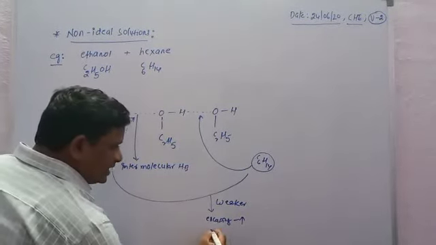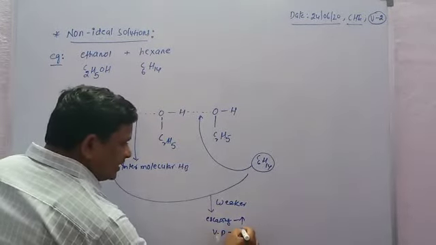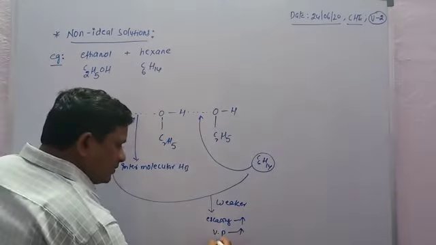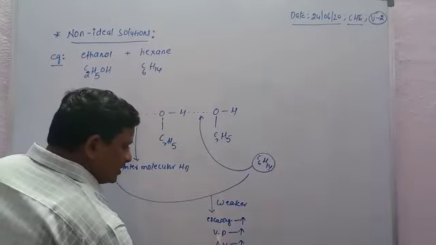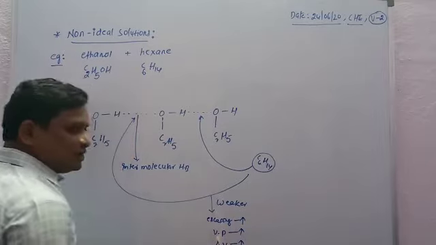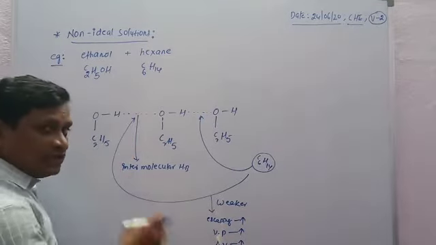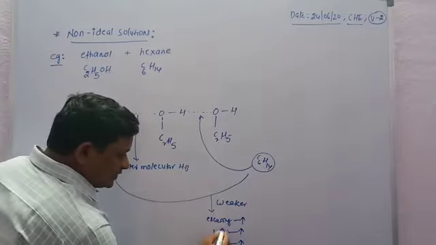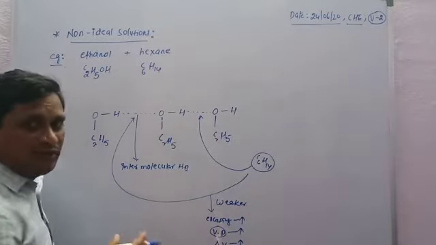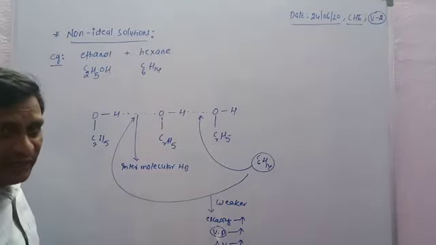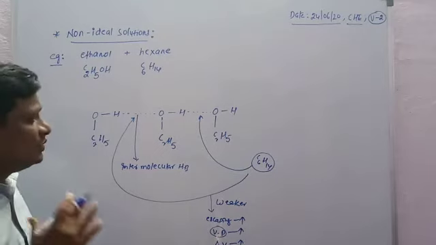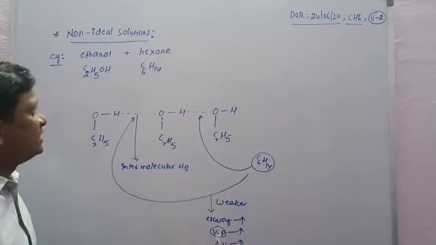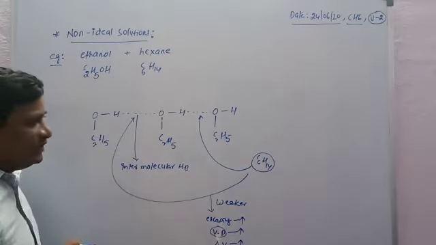If escaping tendency increases, vapor pressure increases. If vapor pressure increases, volume increases. Now the solution in which the total vapor pressure is greater than the vapor pressure expected with respect to Raoult's law is called the positive deviation.